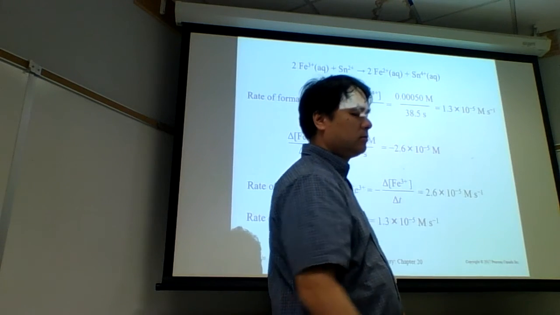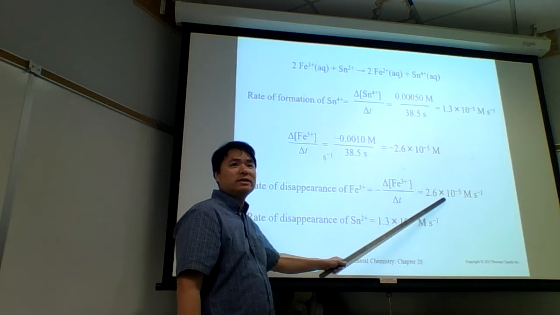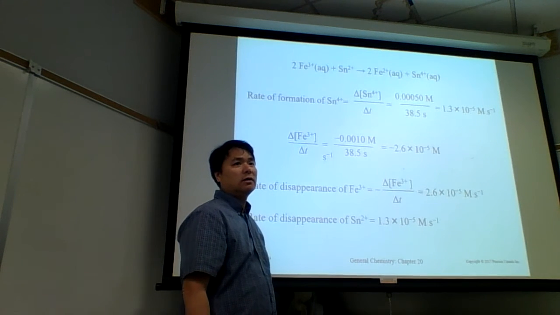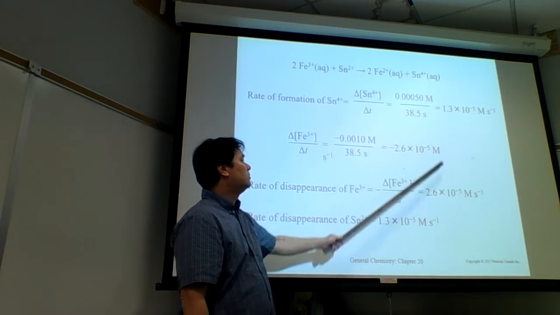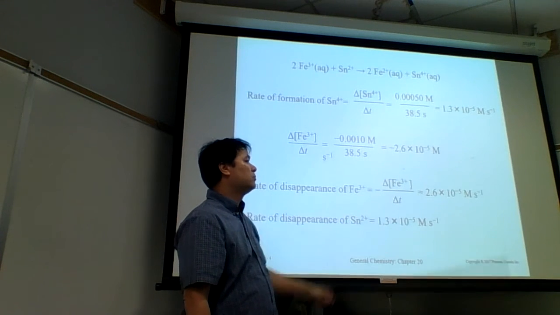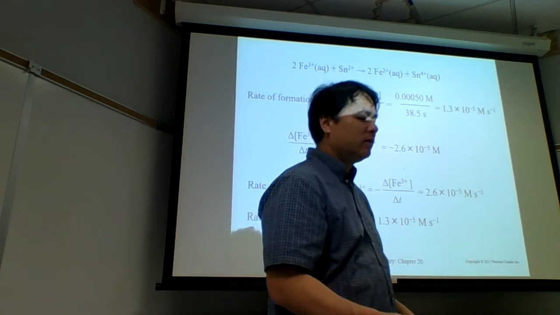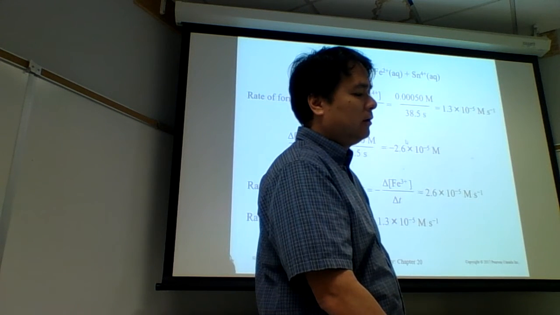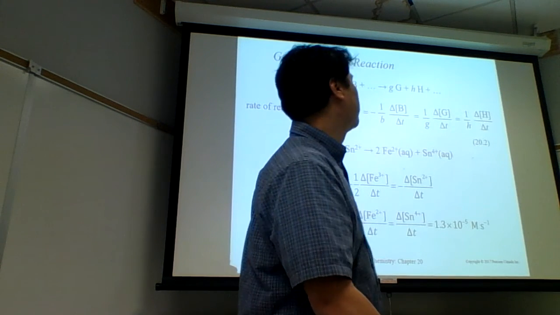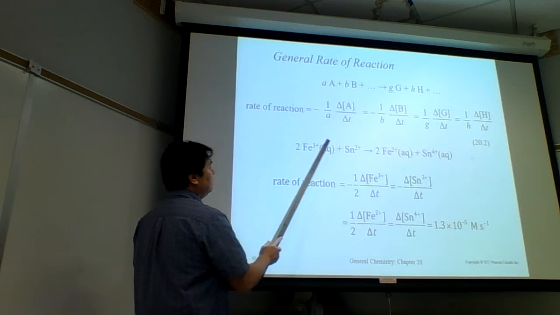If we go back to this one, is the rate of reaction 1.3 or is it 2.6? Actually both are valid. We have to say the rate of reaction for iron is 2.6, the rate of reaction for tin is 1.3. But in general, you just want to know what the rate of the reaction is. So we come up with a generic rate of reaction, which, as given here, is just normalized.